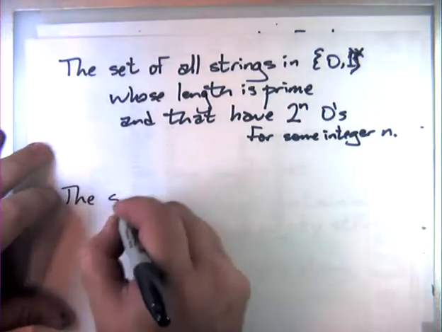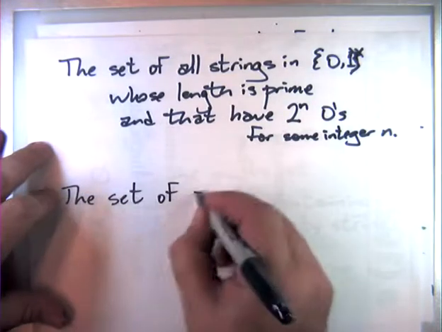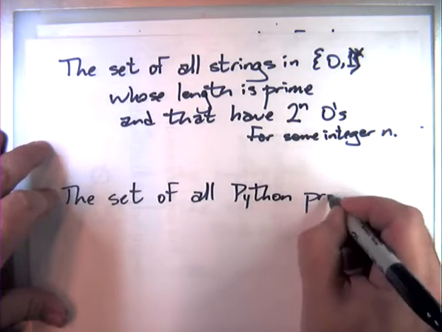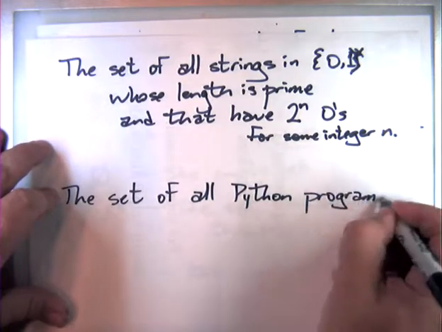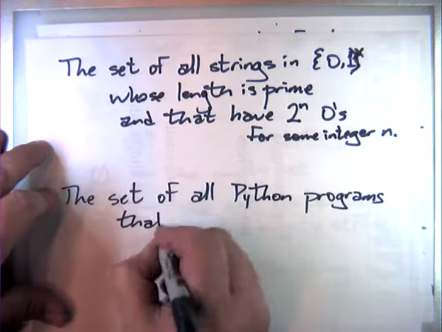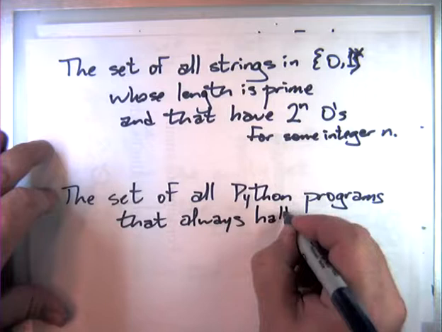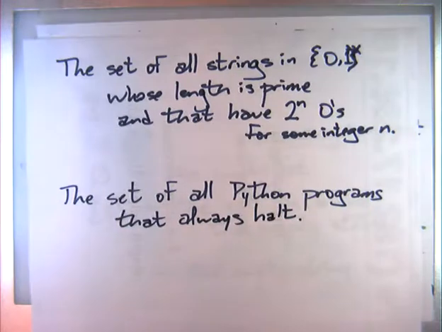The set of all Python programs that always halt. This is a language. Okay? A Python program is a string.